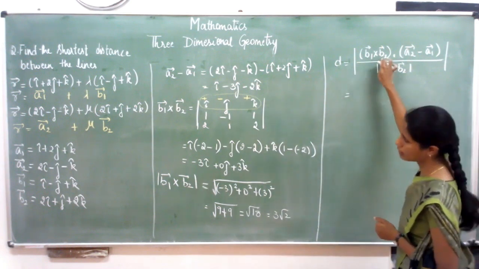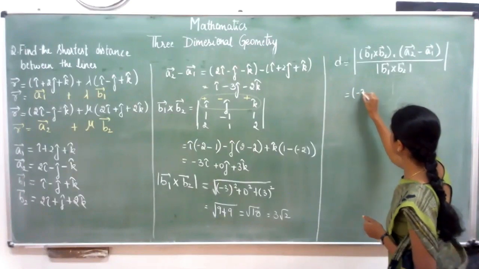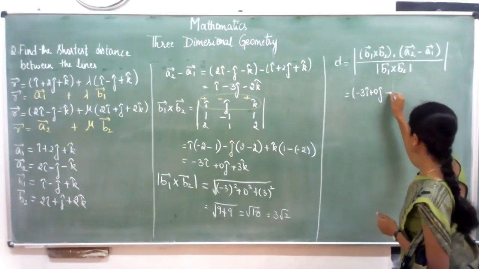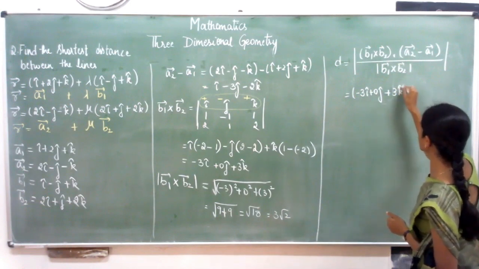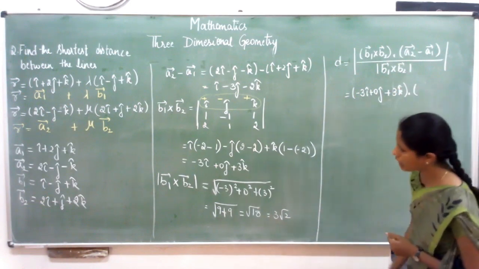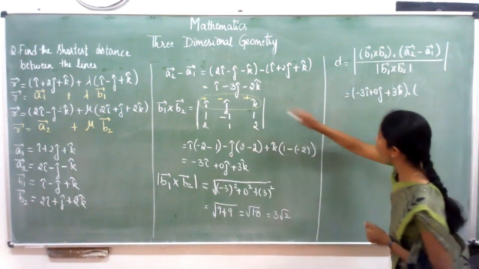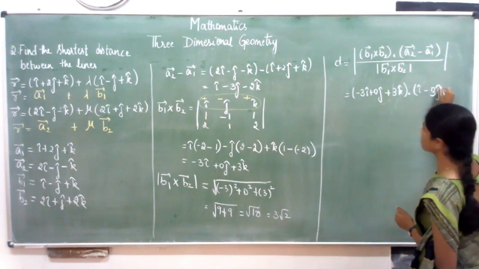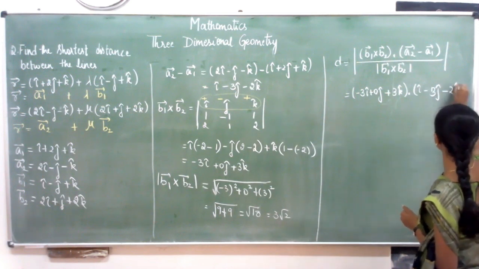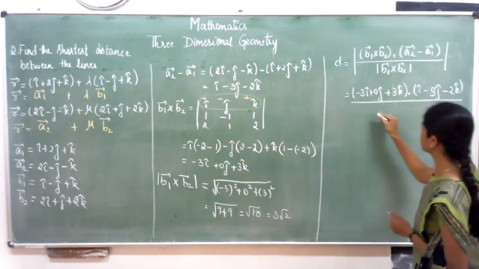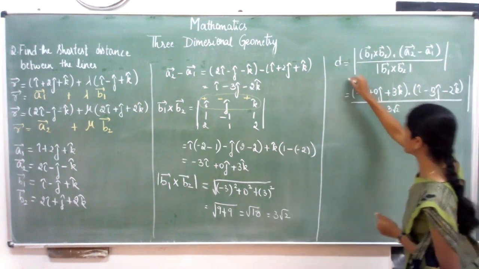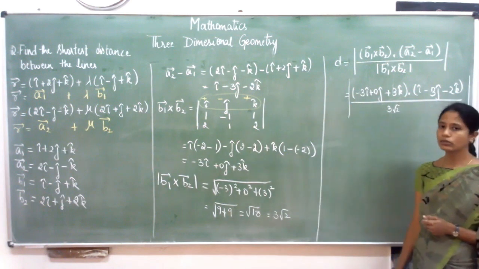So what is vector b1 cross b2? It is minus 3i cap plus 0j cap plus 3k cap, dot a2 minus a1, which is i cap minus 3j cap minus 2k cap, whole divided by the magnitude of b1 cross b2, which is 3 root 2.